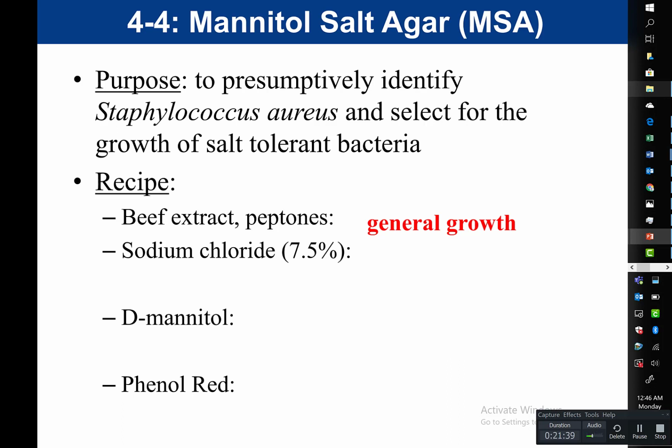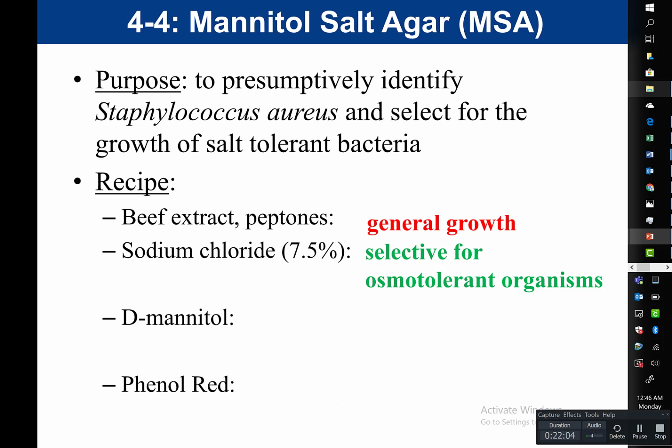And as a result, because the salt concentration is higher, this is an ingredient that is going to be selective, and it's selective for osmotolerant organisms, meaning that organisms that are osmotolerant are able to grow, and organisms that are not osmotolerant are not able to grow on this high salt.